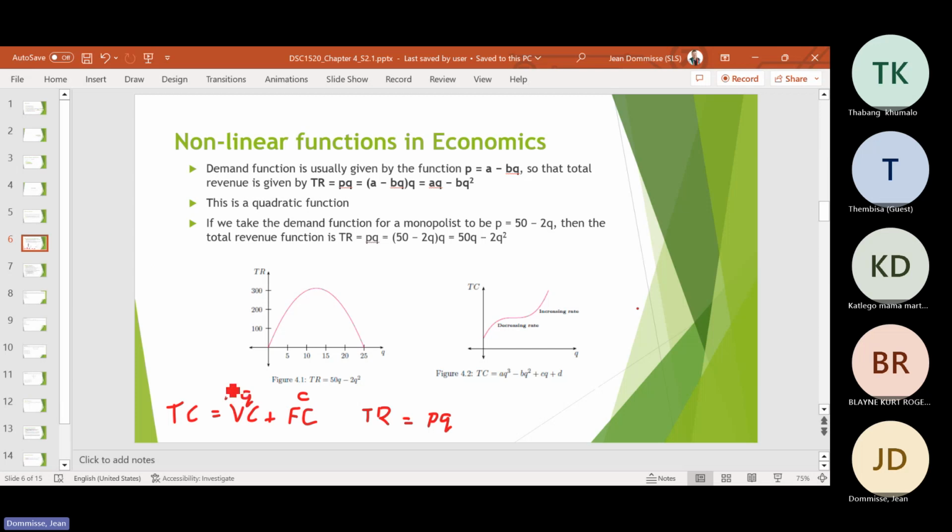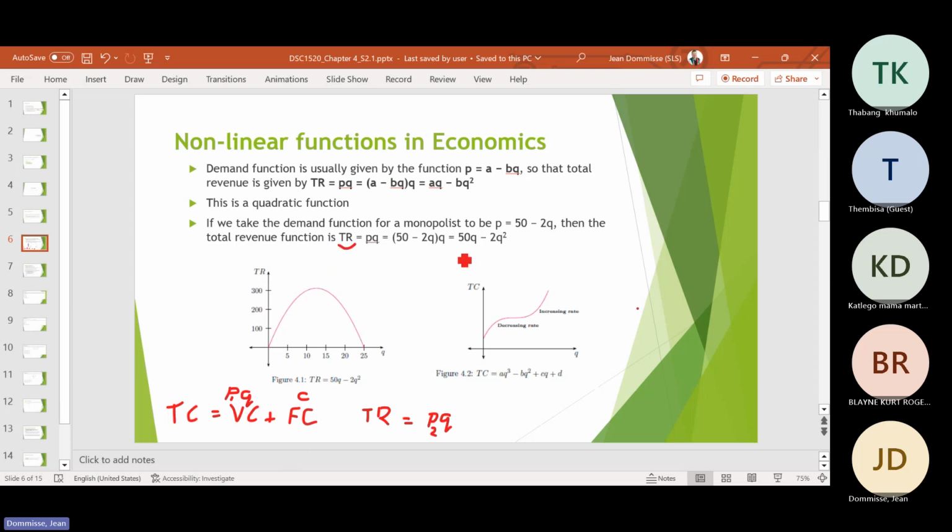So let's make it P1 and P2. Then your profit function would have been when we subtract the two from one another.